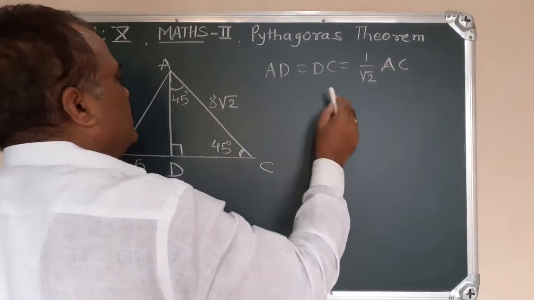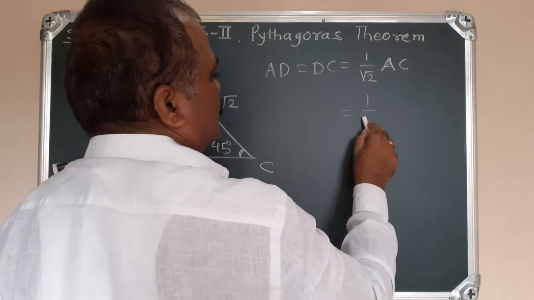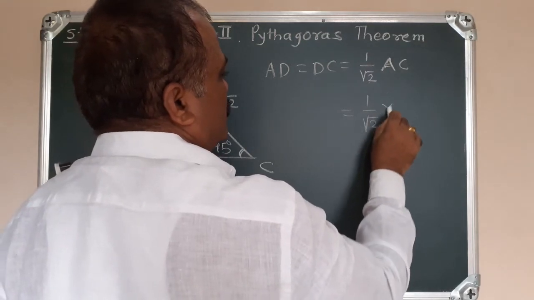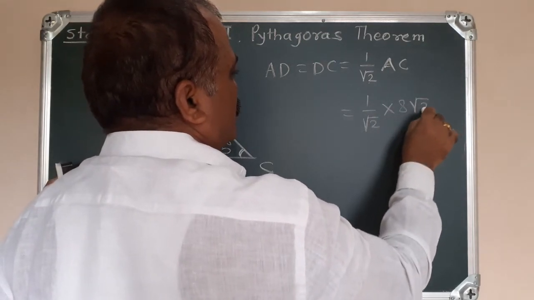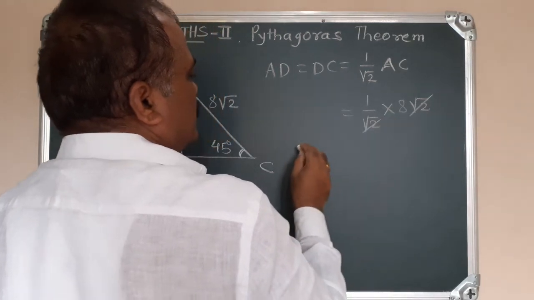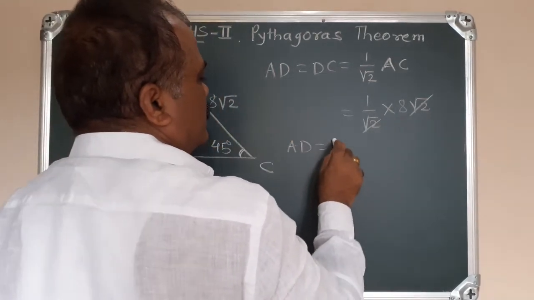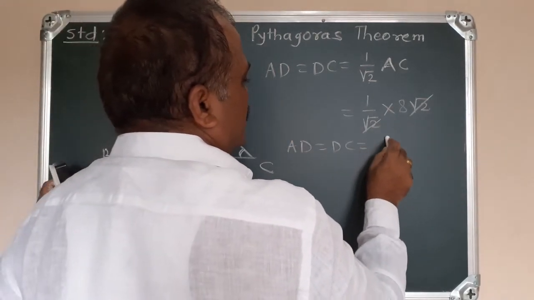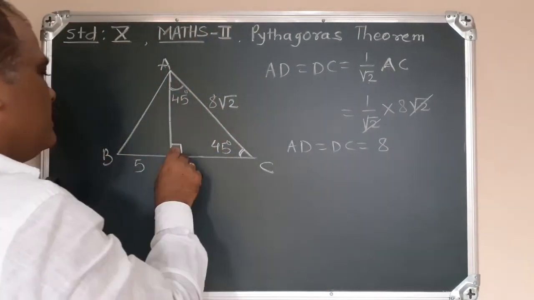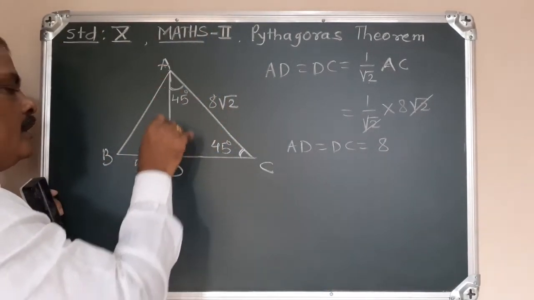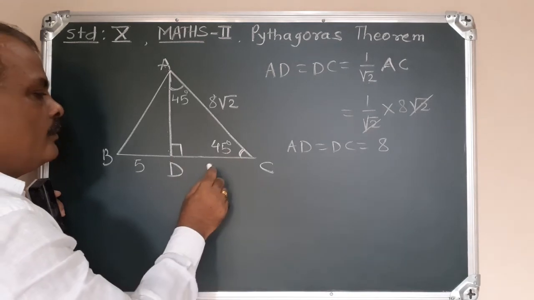So this we have given value of this. So 1 upon root 2 into 8 root 2. So root 2 gets cancelled. So AD is equal to DC is equal to 8. That means the length of this side is 8 and this is also 8.